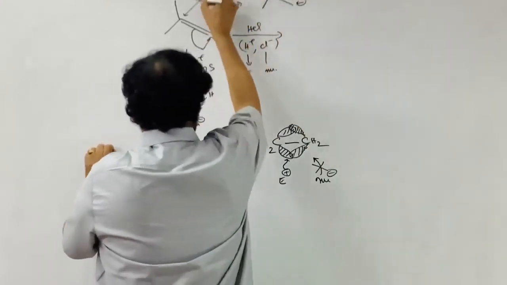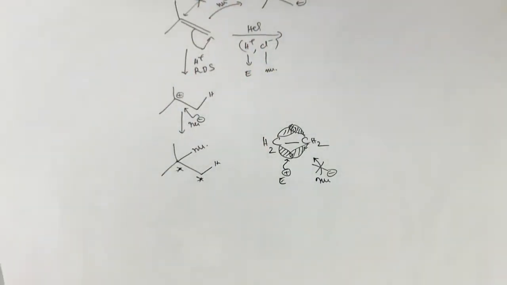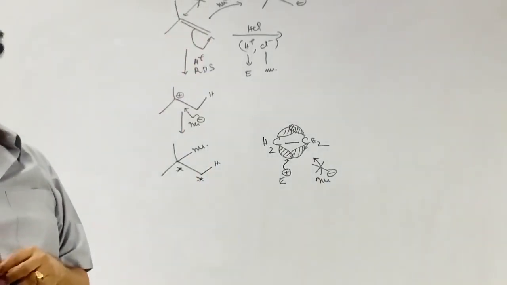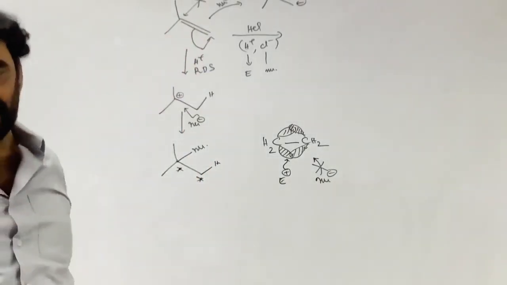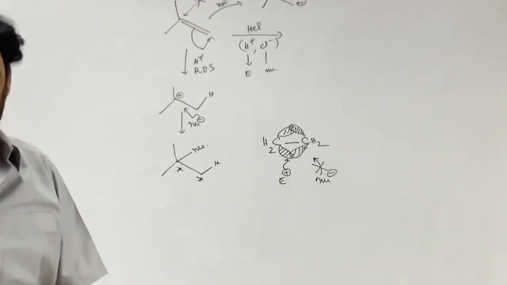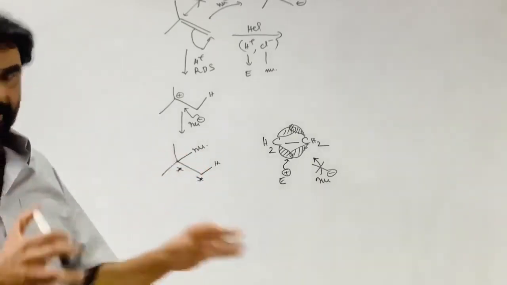But it cannot approach the ethenic center. Why? Because of the pi electron cloud repulsions. The nucleophile is repelled by the pi electron cloud, therefore the nucleophile cannot approach. This is the logic behind it.